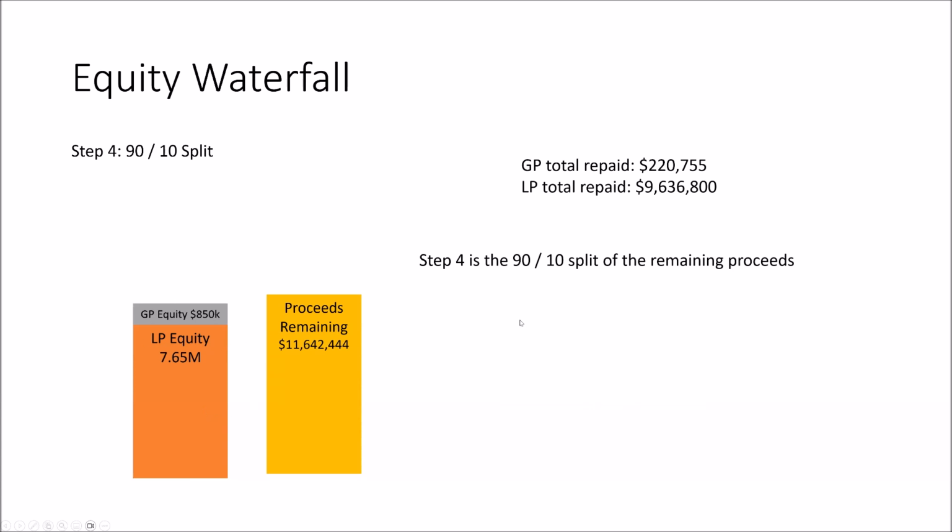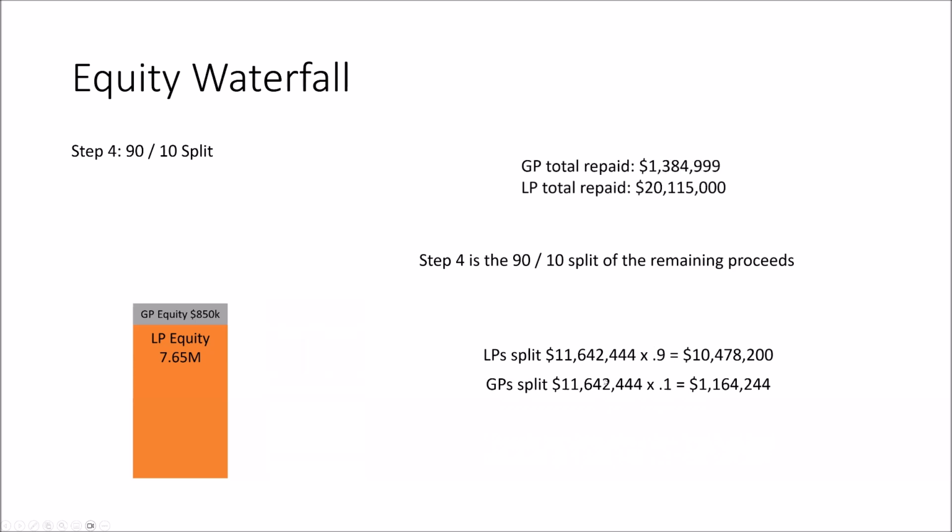And again, as I stated before, there could be a step 4 or step 5 if there's another IRR metric hit for the LP. In this one, we're just going to call it good here and split it. 10% of the remaining equity goes to GP, 90% goes to LP, and at the end of the day, GP still made out pretty good.